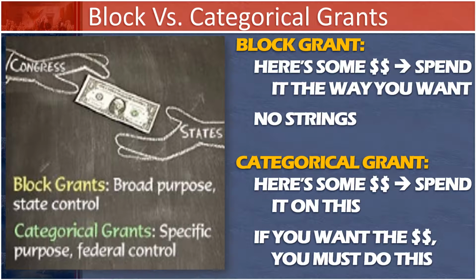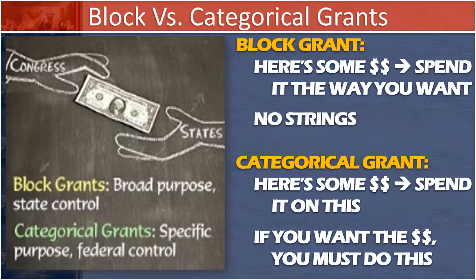So if I give you a lot of money for education, I don't tell you whether you need to spend it on hiring teachers or buying textbooks or rebuilding schools. I leave that up to the discretion of individual state leaders. A categorical grant says, here's some money, and I want you to spend it on this. Or they put conditions on the money, which means if you want this money, you have to do something that we want.